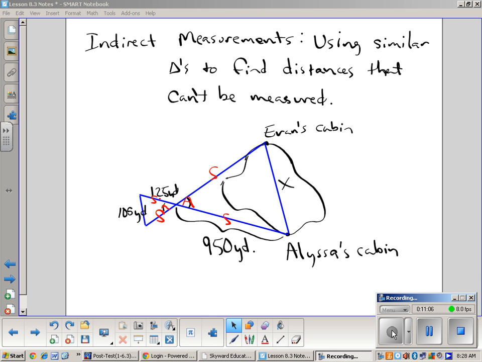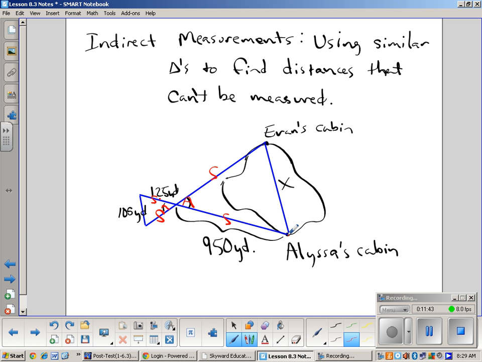Similar triangles are an excellent way to determine indirect measurements. We can find distances that we can't measure directly by using similar triangles. So what this surveyor did, Alyssa's dad got a little bit annoyed that Evan was sneaking across the lake in his canoe, and he wondered how far it really was, so he asked his surveyor to figure out how far it was across the lake.